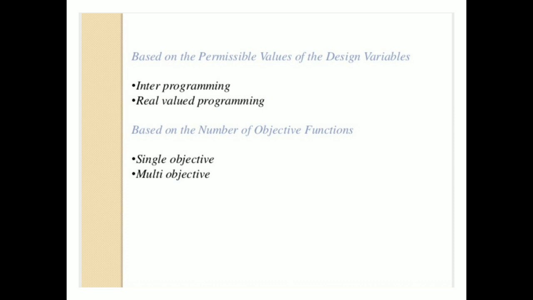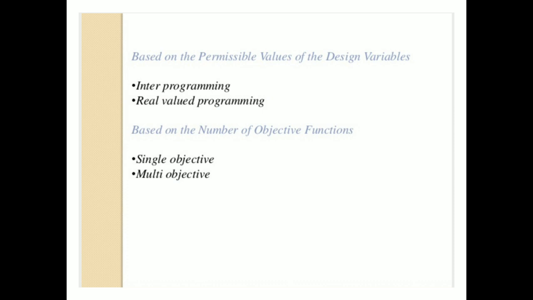So, the next classification is based on the permissible nature of design variables. Depending on the values permitted for design variables, optimization problems can be classified as integer and real valued programming problems. Kindly correct it.